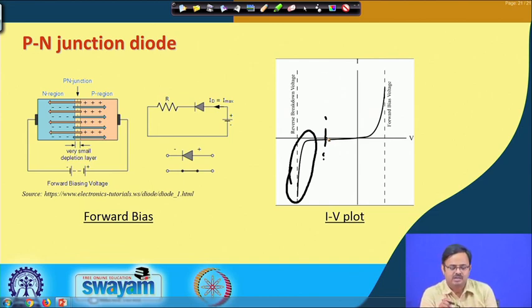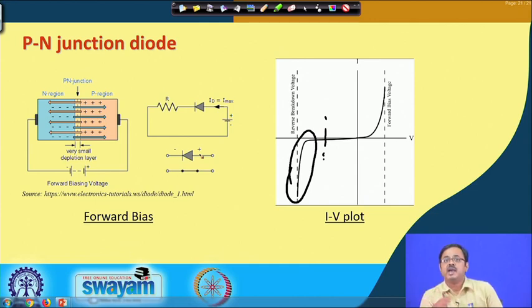Okay. So that is a diode. A diode is often denoted by this symbol over here. What it means is that it allows current to flow in one direction, but not in the reverse direction. It is like a mechanical valve.